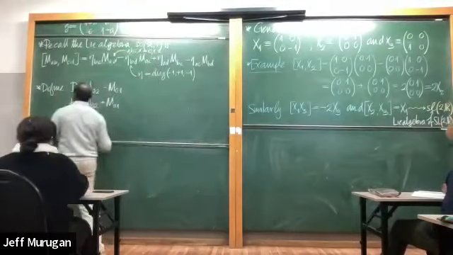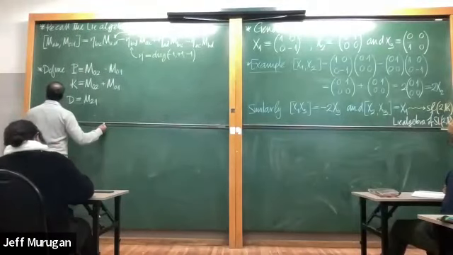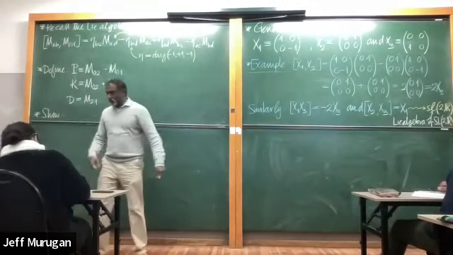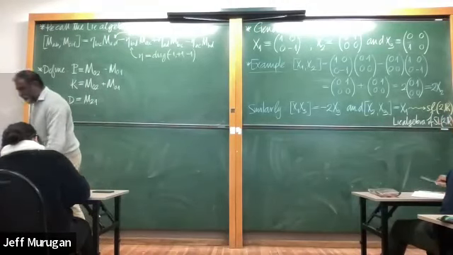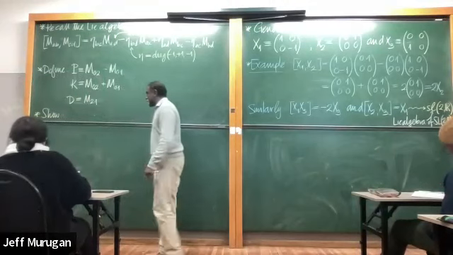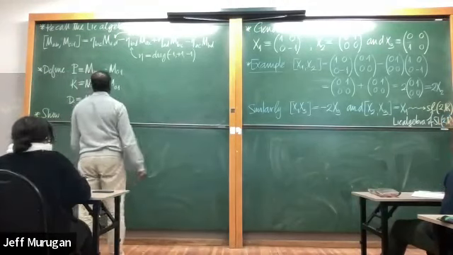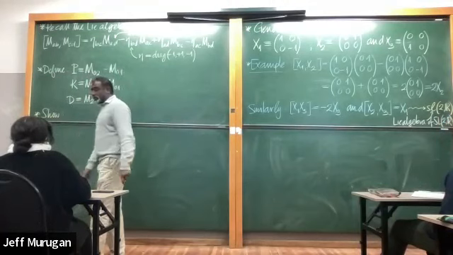I leave it as an exercise for you to show that in terms of these new generators, the SO(2,1) algebra takes the following form.